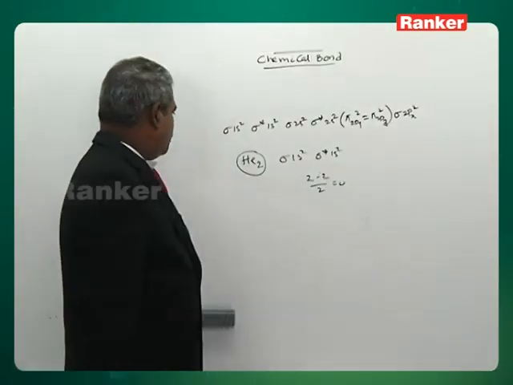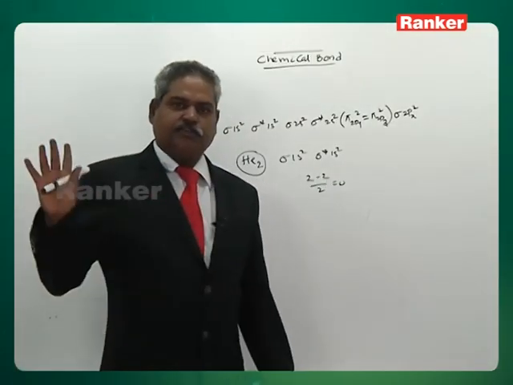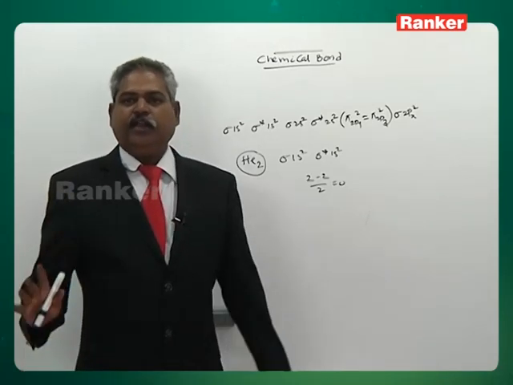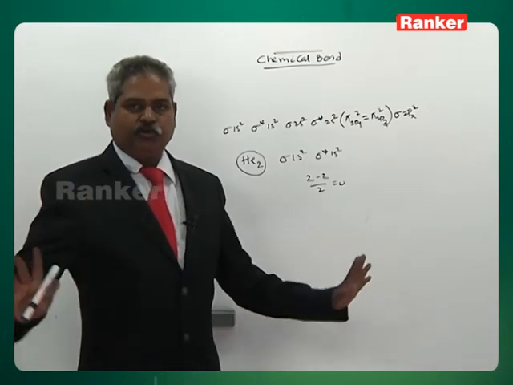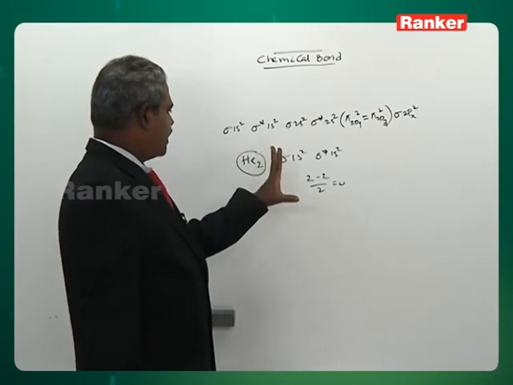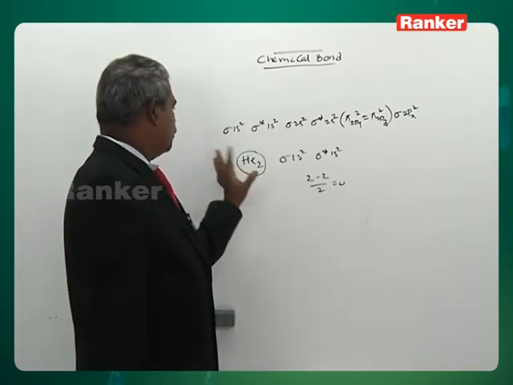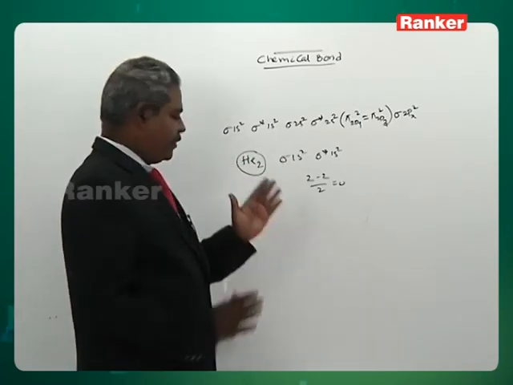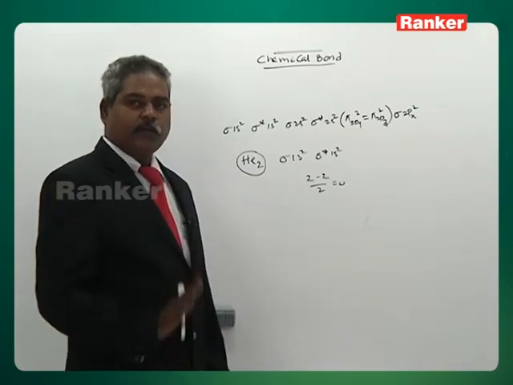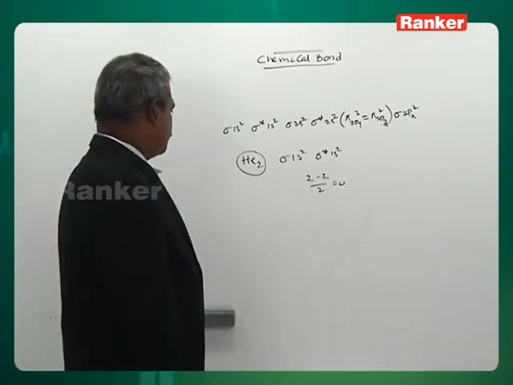What about He2? When you say He2 doesn't exist, it means even in a dream it can't exist. Even under special conditions, whatever be the conditions, no 2 helium atoms can ever be together. They can never form a molecule, He2.